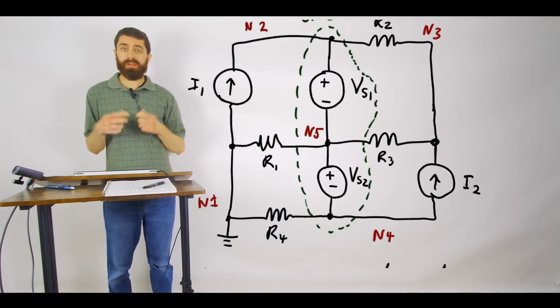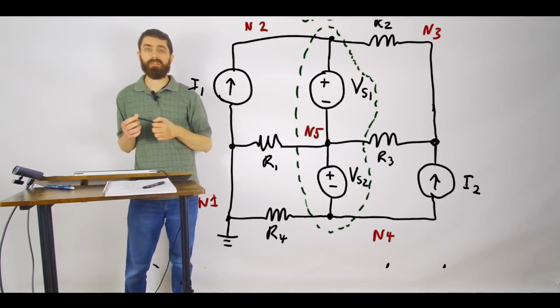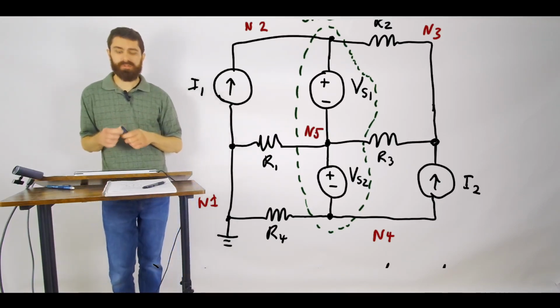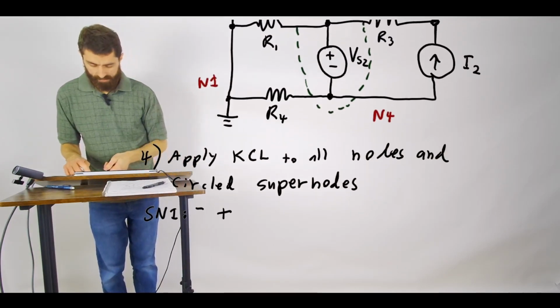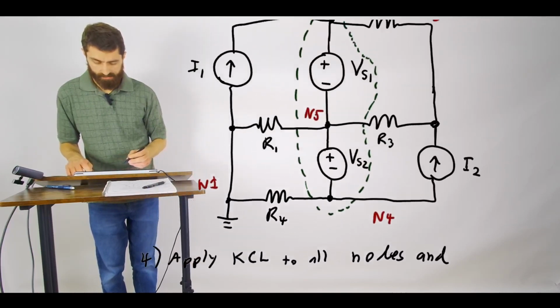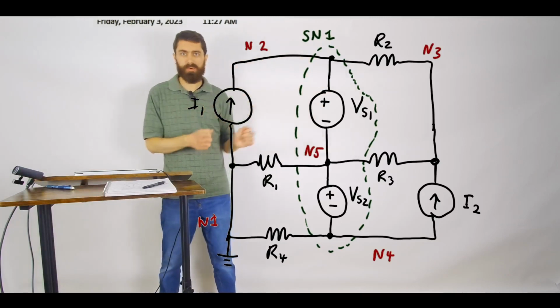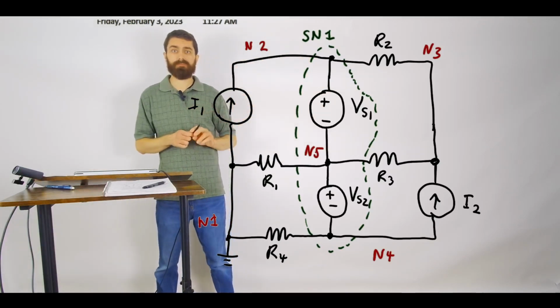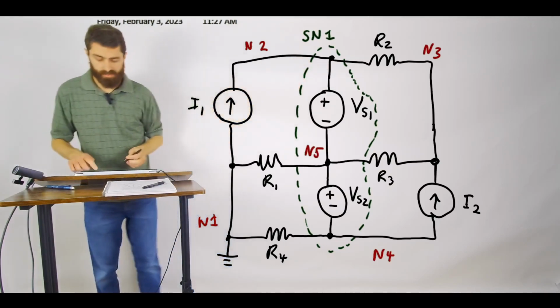So now let's go ahead and do step 4, which is applying KCL to our nodes and supernodes. Let's start with supernode 1. So we have supernode 1 here, and we're going to sum all the currents going into the supernode and set that equal to 0. So here we have I1, and I1 is flowing into supernode 1.